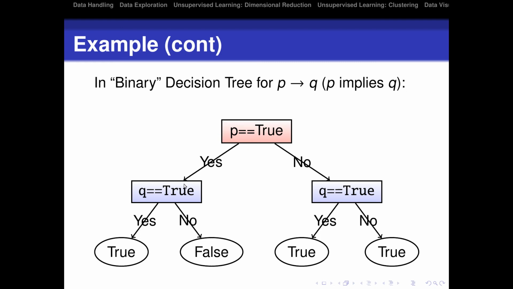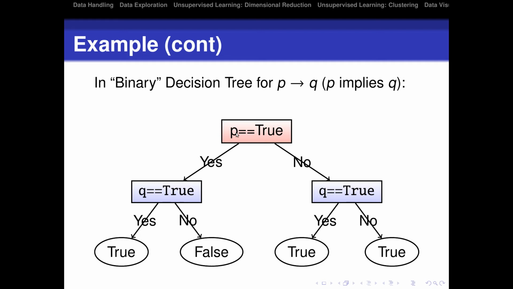Then we can check Q. If Q is also true, then it's a yes, so the final output should be true. What if P is true but Q is false? Then it's a no, because when Q is false, false equals to true is not true. So the output is false.